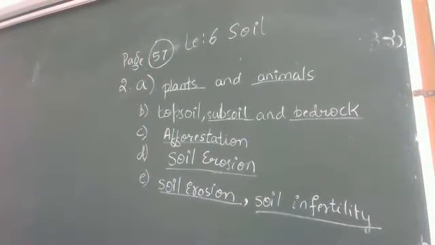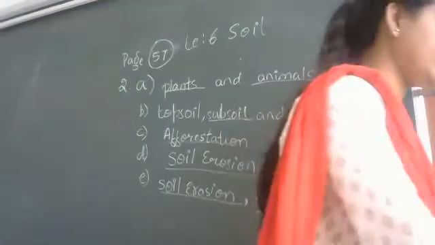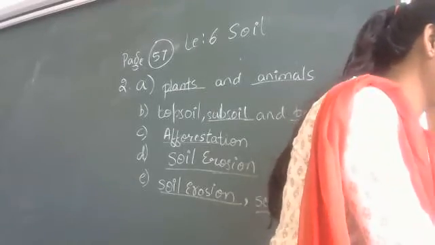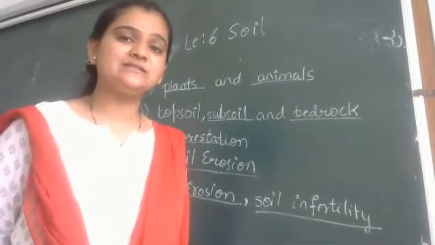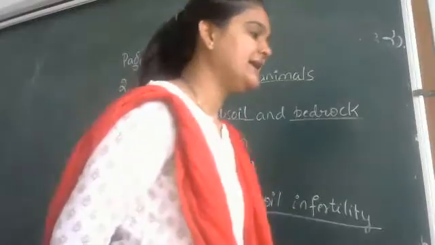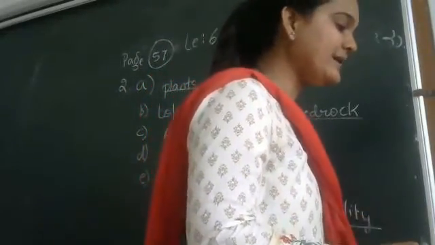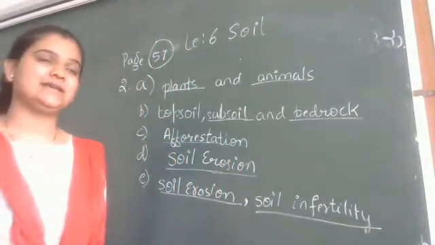What is humus? The decayed organic matter of the remains of plants and animals. Okay. Next question. Name the component of soil that is made up of decayed remains of the dead plants and animals. Humus.